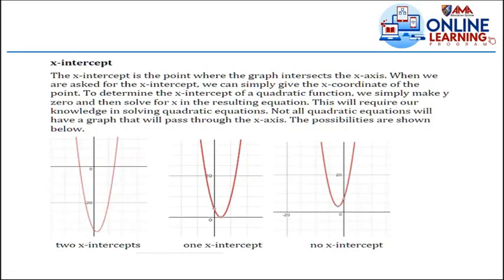So next you have the x-intercept. The x-intercept is the point where the graph intersects the x-axis. When we are asked for the x-intercept, we can simply give the x-coordinate of the point. To determine the x-intercept of a quadratic function, we will simply make y 0. Parang tulad po kanina, yung sinabi ko, pag kukunin nyo yung y-intercept, equate nyo yung x into 0.